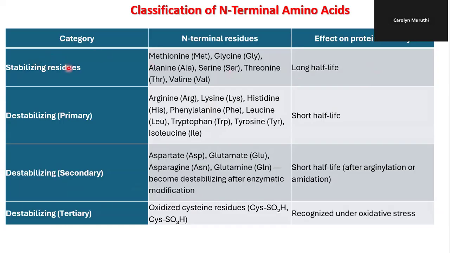For example, if we're talking about the stabilizing residues, here we have the likes of methionine, serine, and threonine, and if they are found at the N-terminal of a polypeptide chain or a protein, they confer a long half-life to that particular protein and therefore give stability to the protein. In the case of destabilizing amino acids, these include arginine, phenylalanine, leucine, and tyrosine. They confer a short half-life and therefore decrease protein stability.